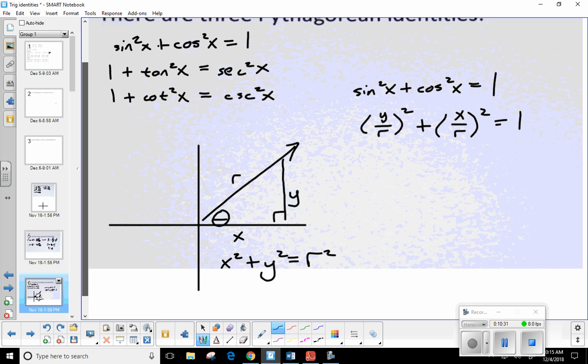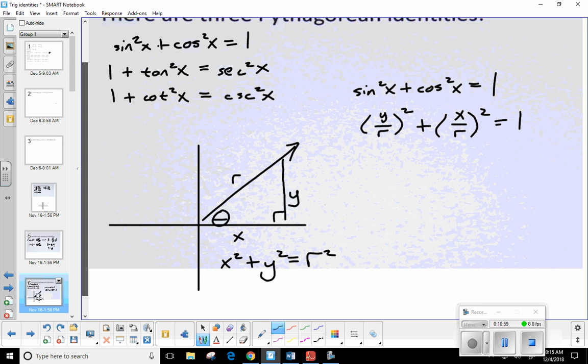All right, so think back to Algebra 2 when you had your exponent rules. If I have a ratio quantity and I square it, what would that be? Like y over r, that quantity squared. Anybody?